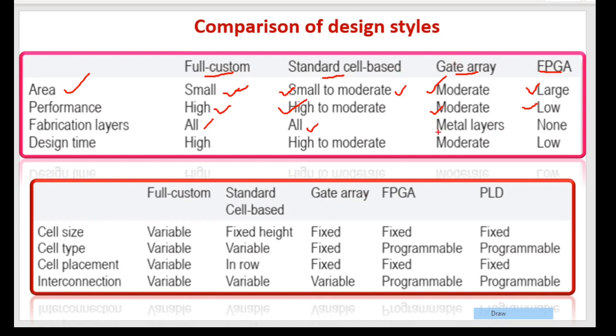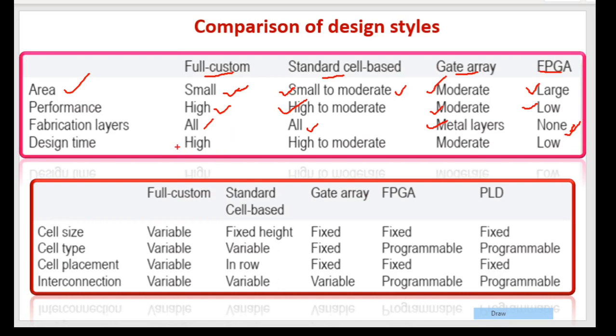In gate array, the uncommitted transistors were used by using metal layers. Remember, metal layers are used. And in FPGA there is no fabrication required. We already have the hardware present on the chip in the board. So there is no requirement of any kind of fabrication layer.